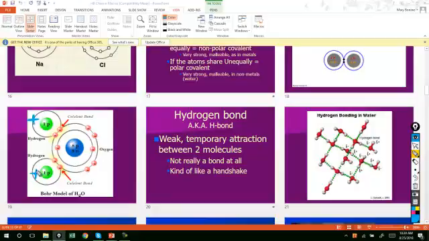And the end where the electrons spend a lot of time over here by the oxygen becomes slightly negatively charged. And that means that water molecules are actually going to be attracted to each other, and other molecules with this type of bond will be attracted to each other. When that happens, we refer to these as hydrogen bonds or hydrogen attractions.